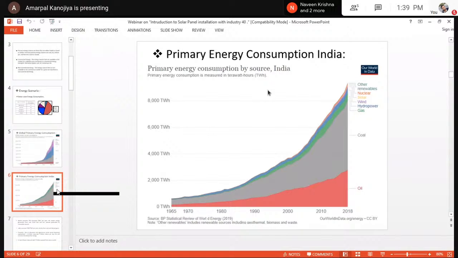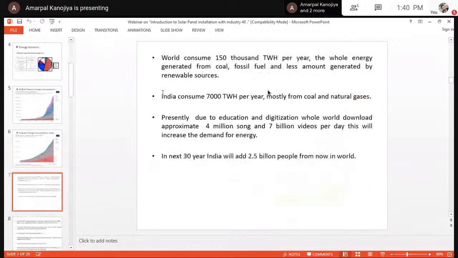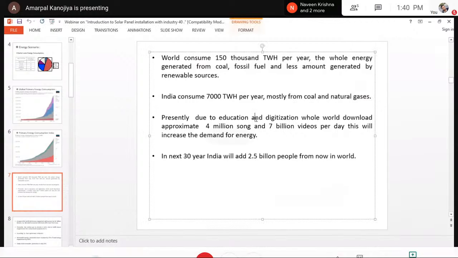Basically, the world consumes approximately 150,000 terawatt hours per year. The whole energy is generated from coal, fossil fuel, and a smaller amount from renewable energy sources. If we compare this with India's consumption, it is only 7,000 terawatt hours per year. Mostly we generate this energy from coal and natural gas.